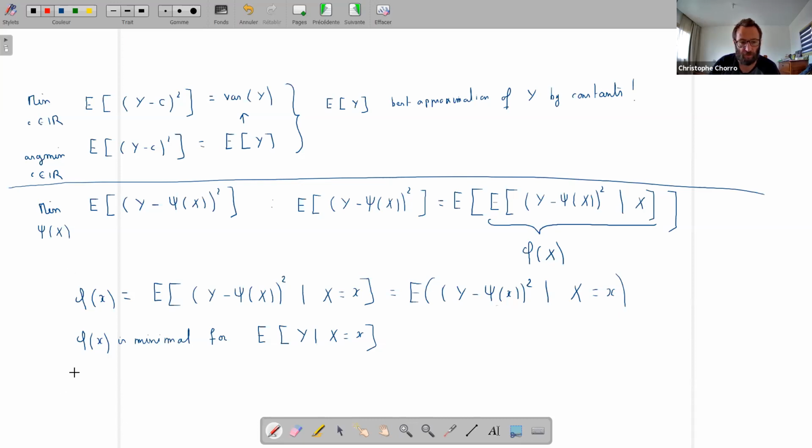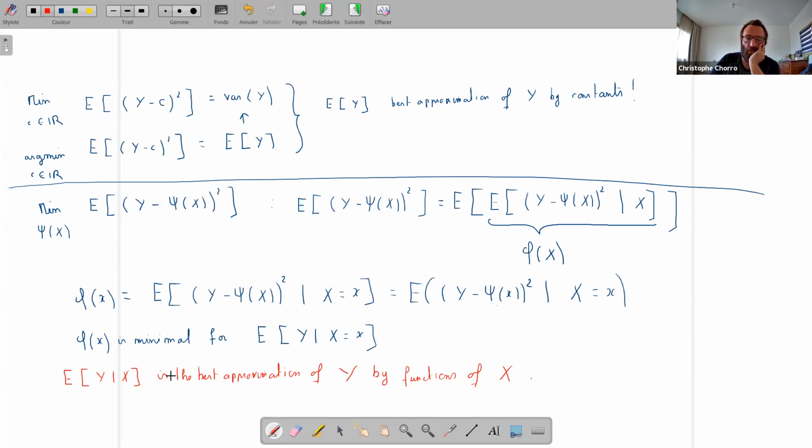And I can write the following that you need to have in mind: the conditional expectation of Y given X is the best approximation of Y. So the expectation is the best approximation of Y by a constant, but here by functions of capital X. If you enlarge the set of the possible approximations, passing from the constant to the function of x, the best approximation becomes the conditional expectation.